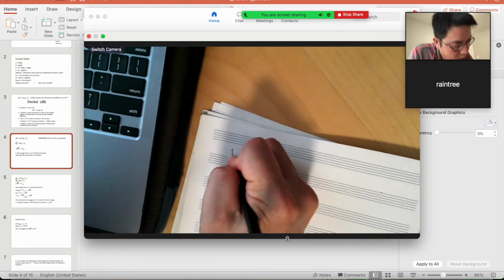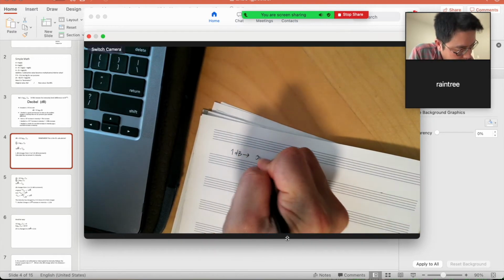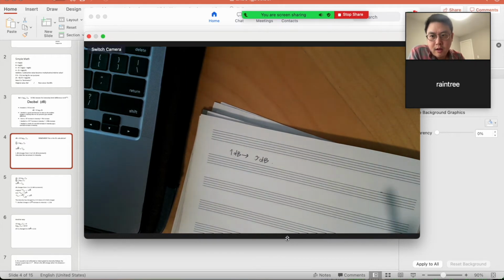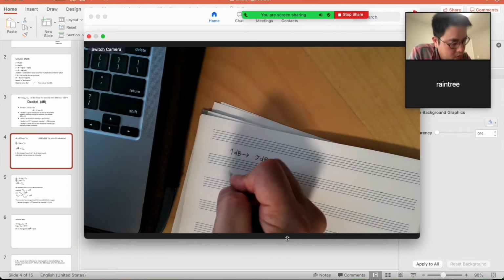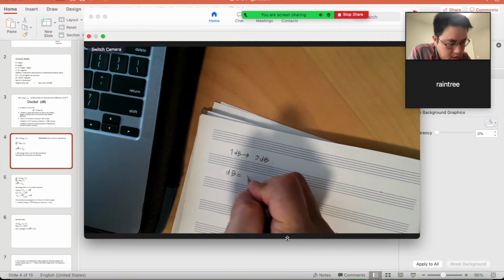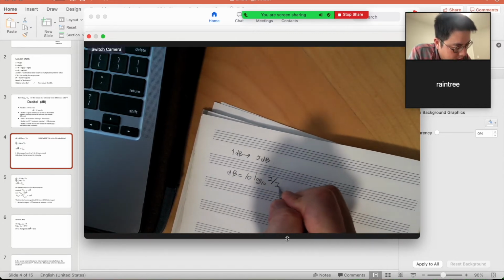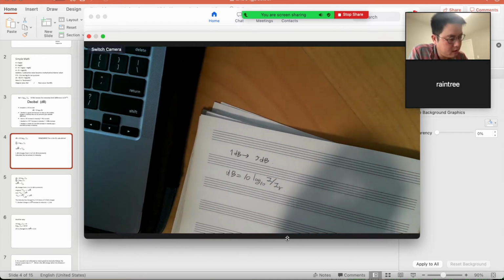So 1 dB to 5 dB. And then as we know, the equation is dB equals 10 log10 of I over IR.